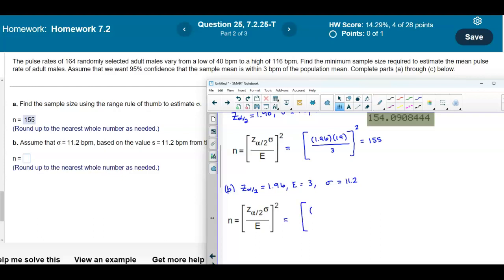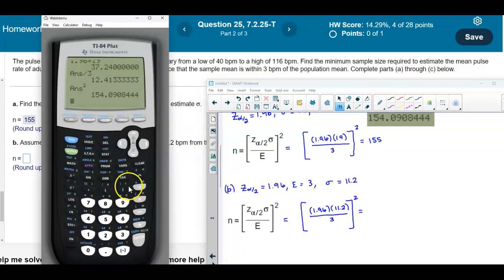We take 1.96 times 11.2, divide that by 3, and square that result.